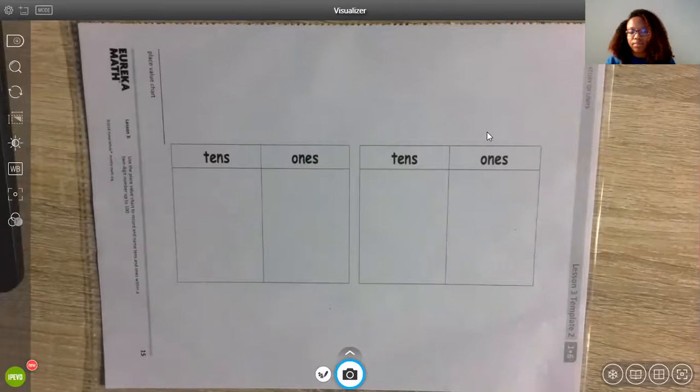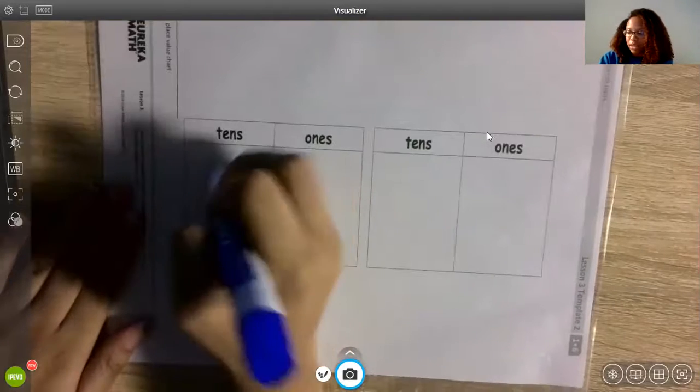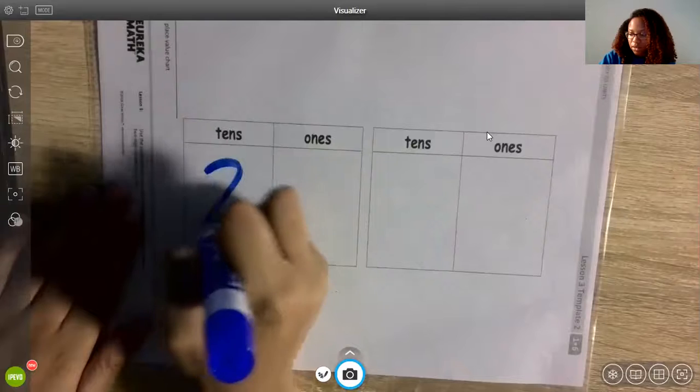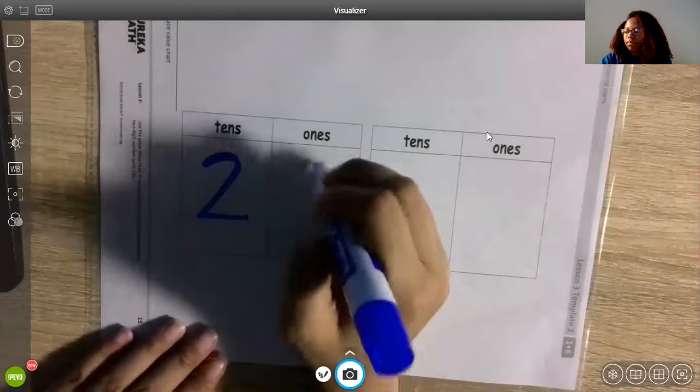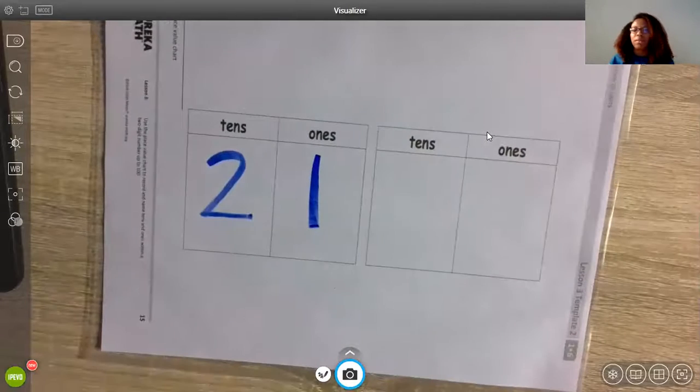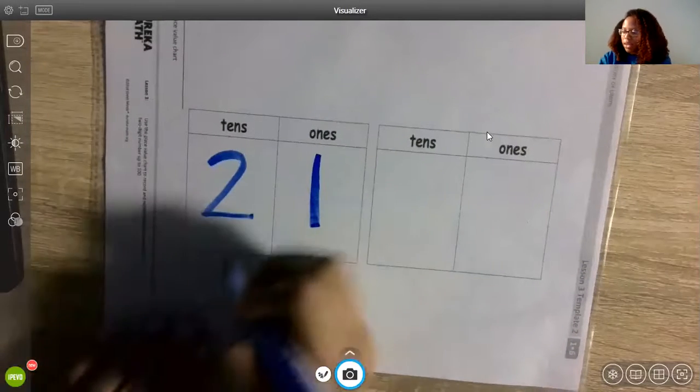It's 1. If you have your template in front of us, if I already said I have 2 10s, you can write the 2 in the 10s place. And how many 1s do I have? 1. So that means my number is 21.